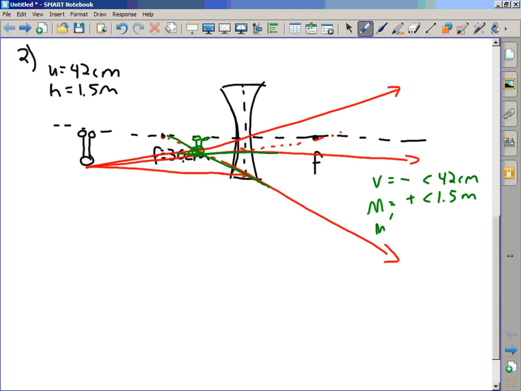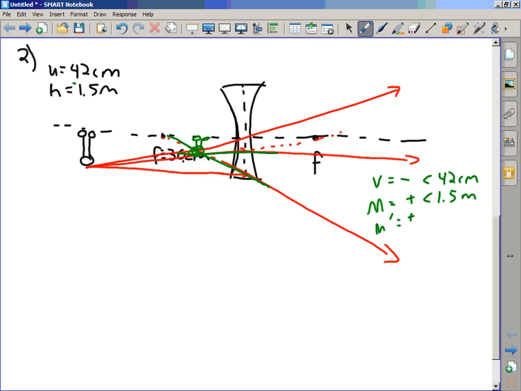H prime, positive or negative? Positive. Why? It stayed the same way, right? So I expect H prime to be positive because I plug in H as positive. If you would like, you can make H negative 1.5, and you would expect H prime to come out negative also, the same sign.